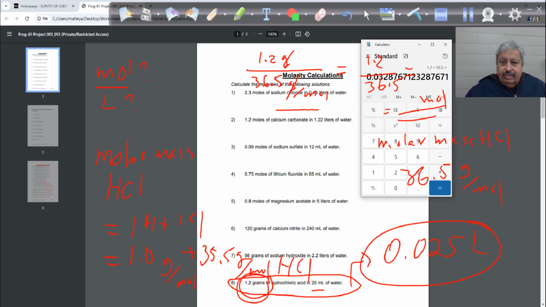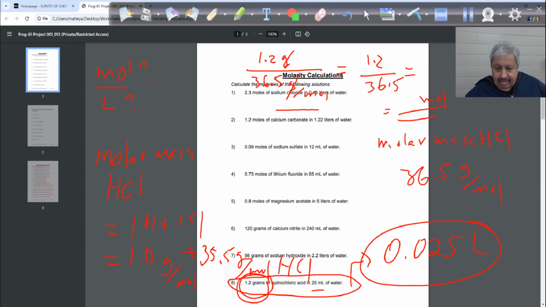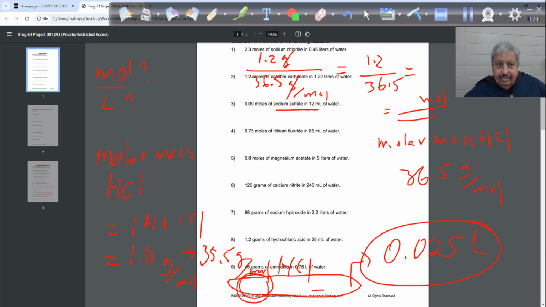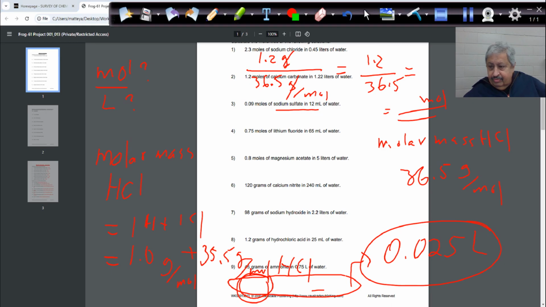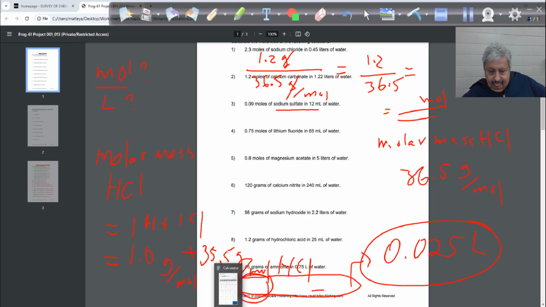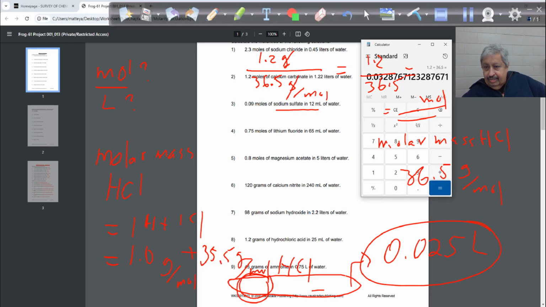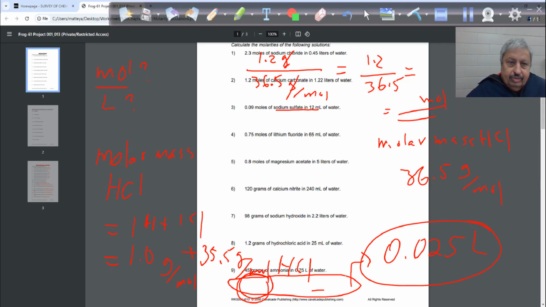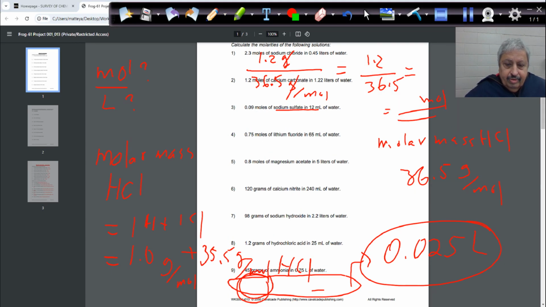So the moles here, number 8, came out to be 0.0329 mole.